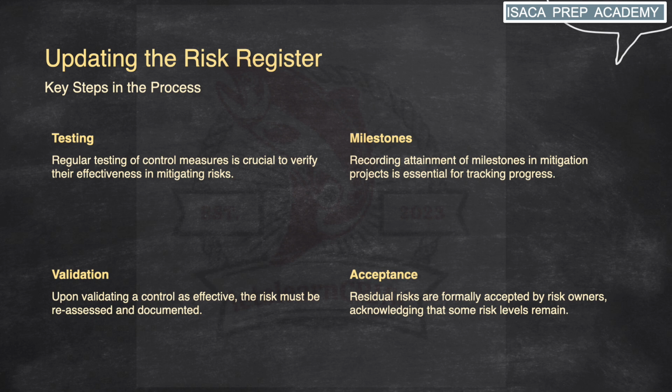Formally accepting the residual risk involves documenting the decision-making process, including the rationale for accepting certain risks, any mitigating factors considered, and any contingency plan in place to address potential impacts. This documentation helps ensure transparency and accountability in the risk management process and provides a basis for ongoing monitoring and review.